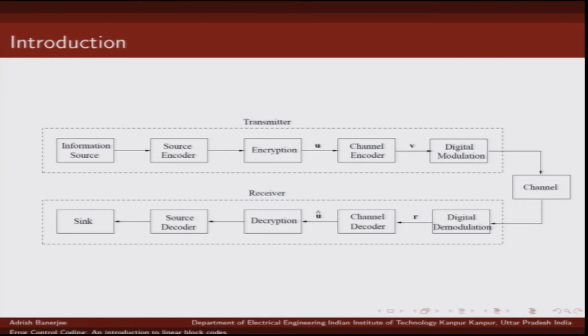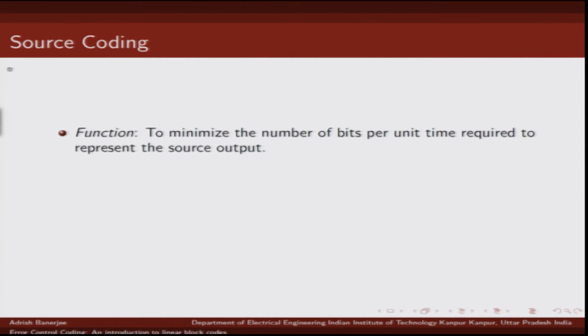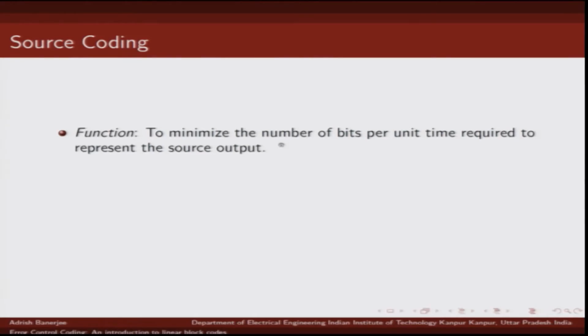Okay. So, I will now explain in a little bit more detail about each of these blocks. The first is our source encoder, and as I said, this essentially does source compression, source coding, and its objective is to represent your source in the minimum number of bits required.